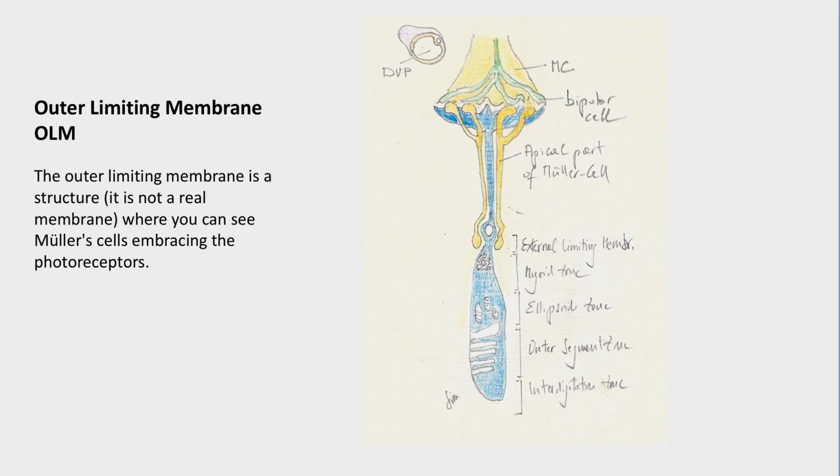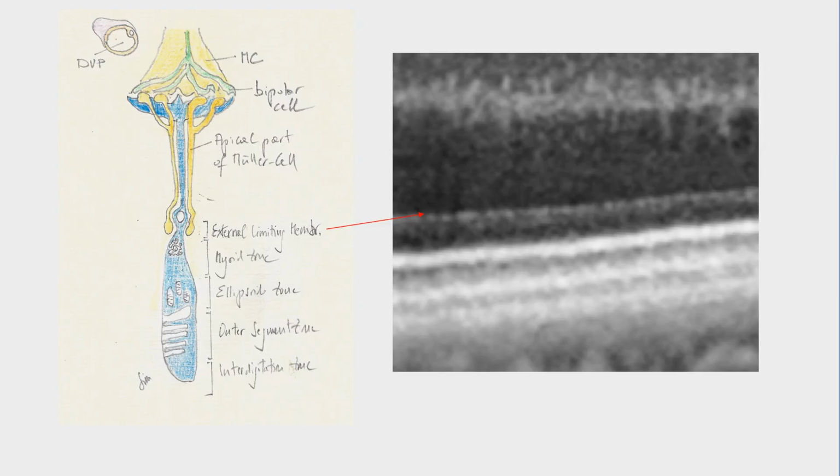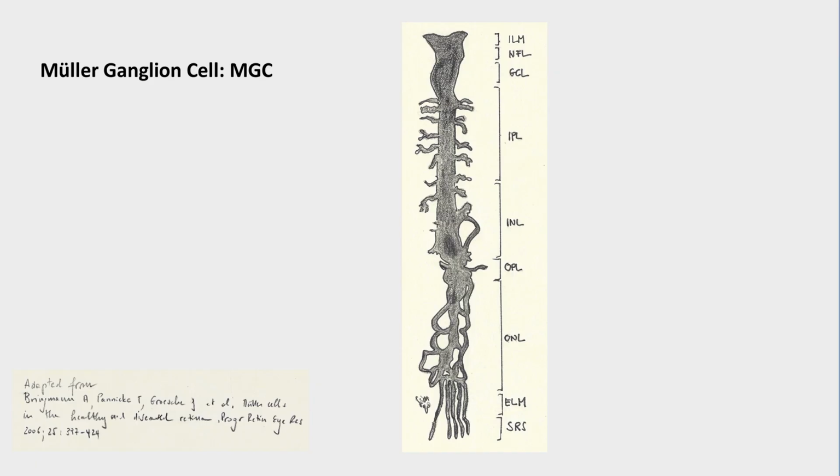Here the Müller cell is in yellow. The external limiting membrane and a sketch of mine of a rabbit Müller cell.